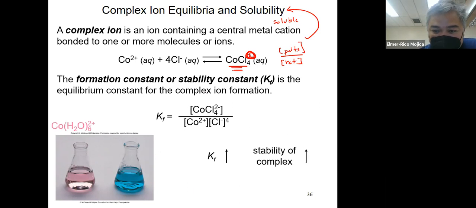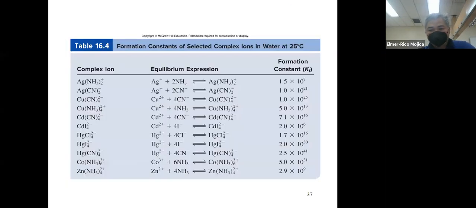Now, usually the Kf that we have is a big number, and the higher the Kf value, the more stable is your given complex. If you're going to look at the value of your Kf here, what can you say? Compare it to the Ka, Kb, Kw, Ksp.